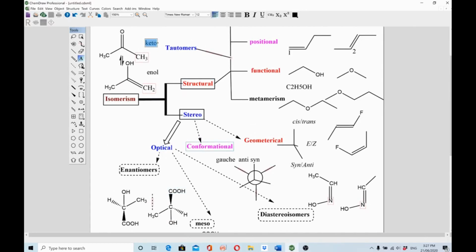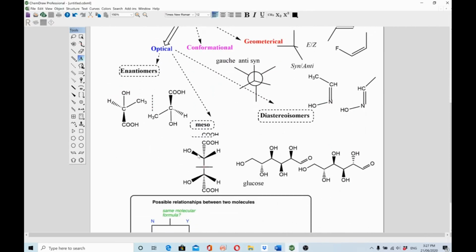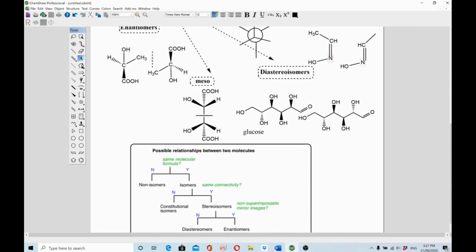Now let's have a look at this very useful chart. So you see the molecular formula for any compound. If the answer is no, that means they are non-isomers. Means if they don't have the same molecular formula, they will be non-isomers.